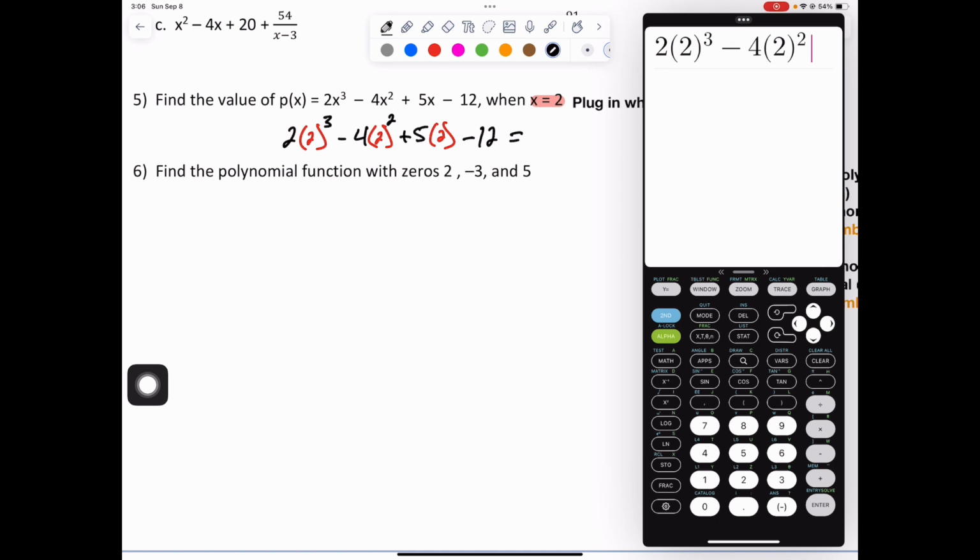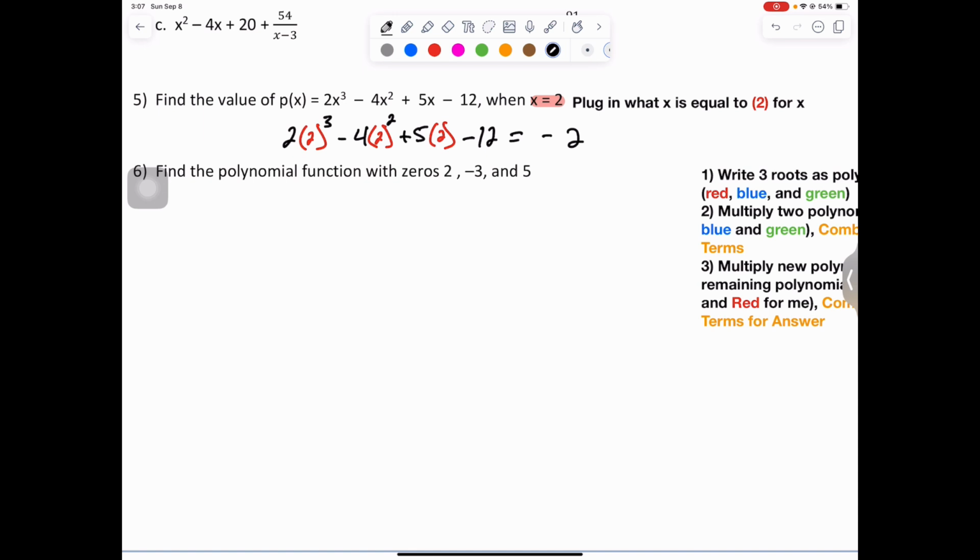I will choose to hit x squared because that keeps me at ground level. It only works for the square there. Then we will enter in plus 5. And again, with our parentheses, we'll put in a 2, close it, minus 12 equals negative 2. And negative 2, let me clear this, is your answer for number 5.